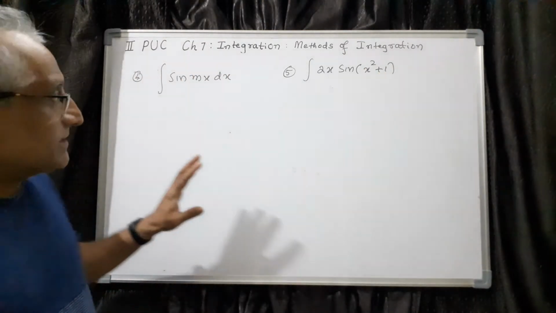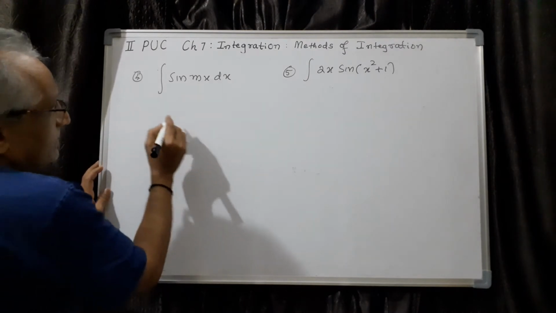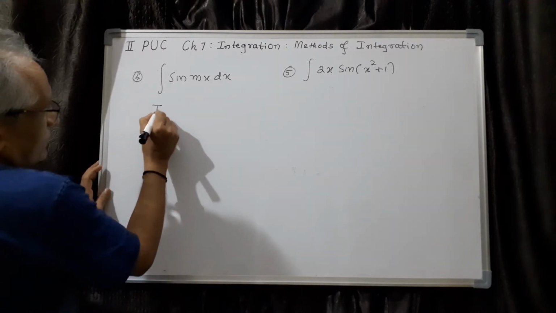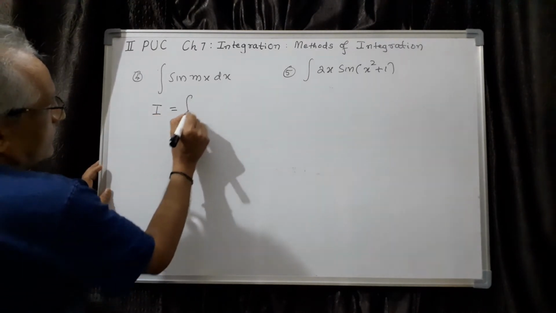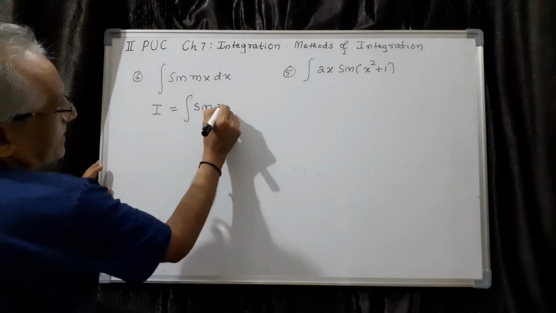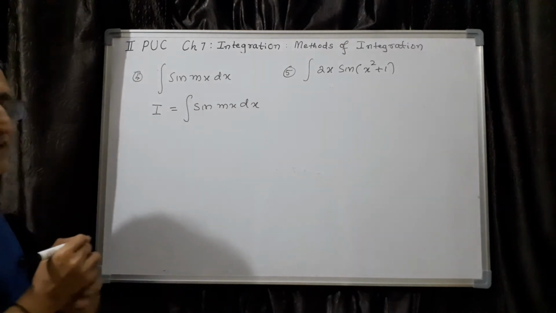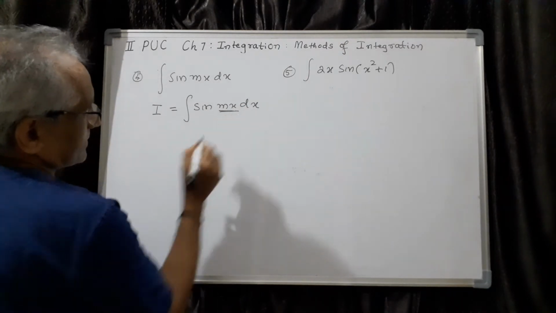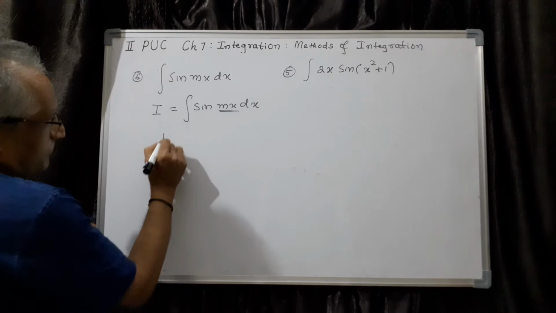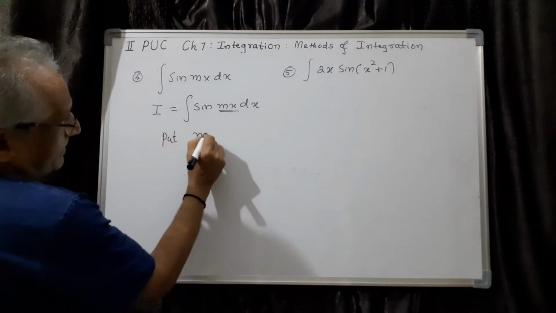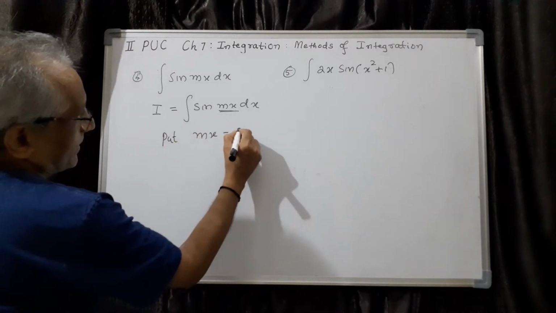The procedure is the same. Whenever this type of question is given, the best thing is let I equal to integration of sine mx dx. So this m is a constant, that is the understanding. What you have to do is put mx equal to y.